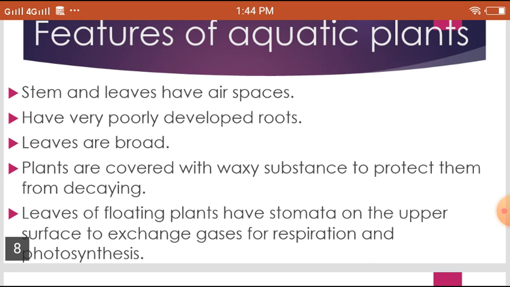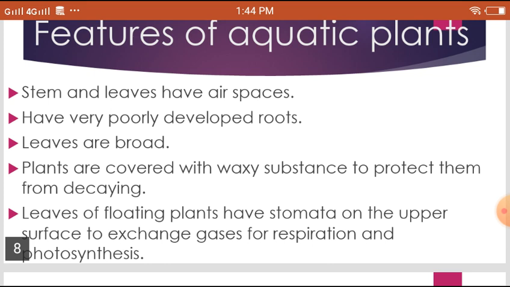The stem and leaves of some aquatic plants have air spaces. These air spaces make the plants light and help them to float in water. These plants have very poorly developed roots.